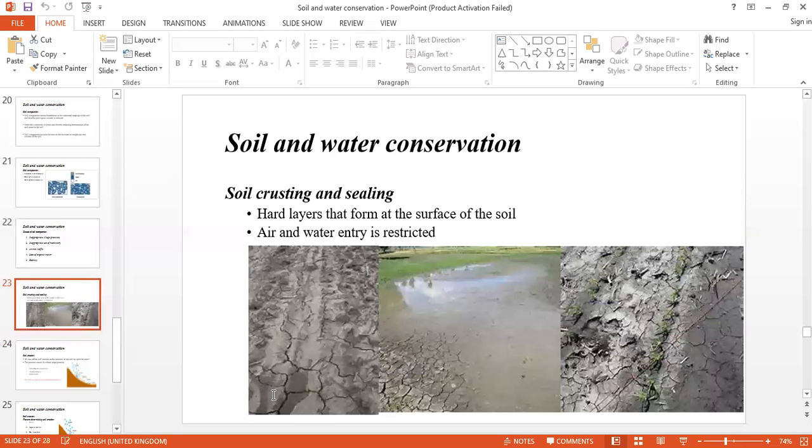Then the second form of degradation that we would look at is soil crusting and sealing. I'm sure you've seen soils that produce a hard layer on top, like these ones here. This is what we call crusting.